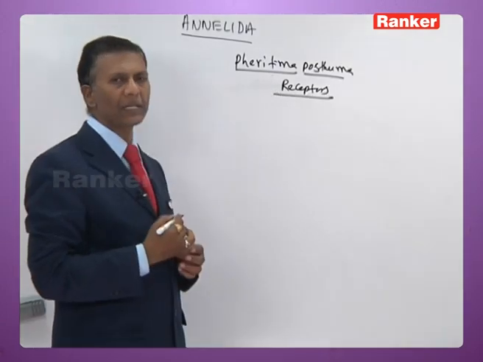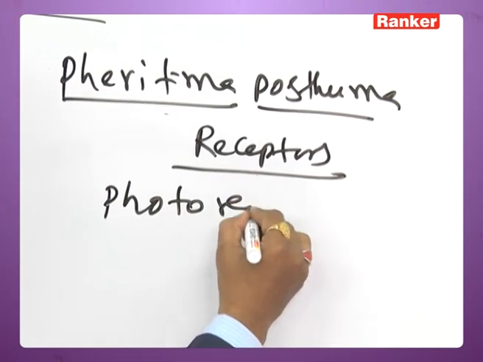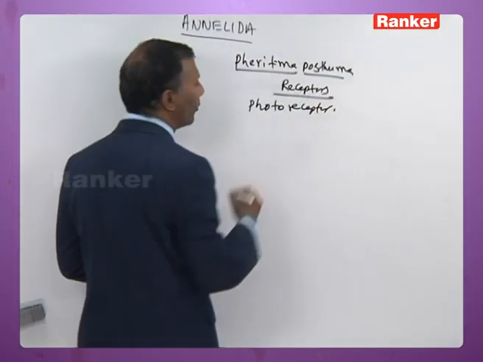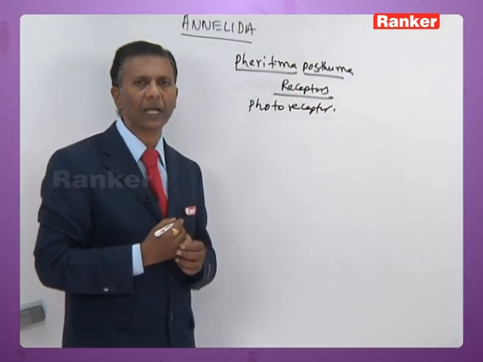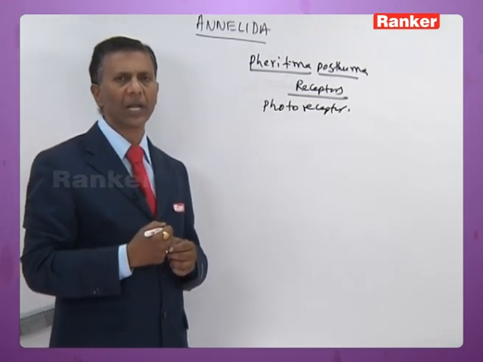The most important receptor of the earthworm is the photoreceptor. The photoreceptors are present on the dorsal side. They are more in number towards the anterior region and less towards the posterior region.